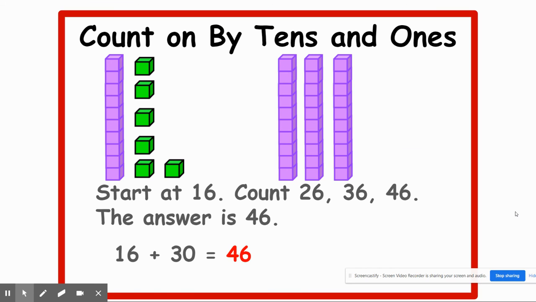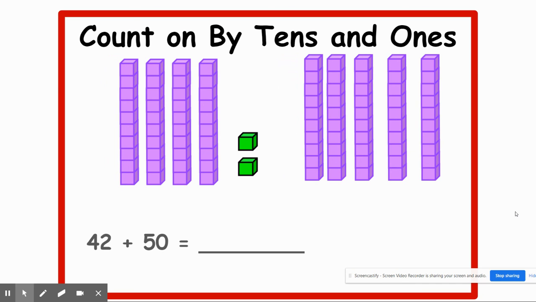This is where it's great to have your base 10 blocks because you can hold them and count them as you go. All right, here's another one. 42 plus 50. Which number would you start at? That's right, 42. And we're going to count by tens.